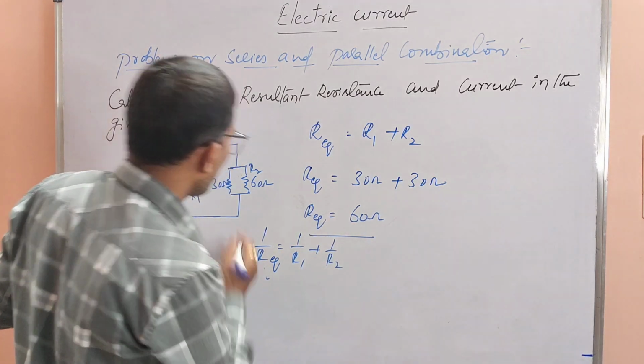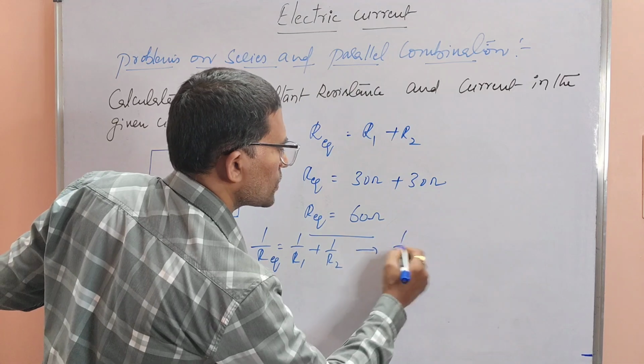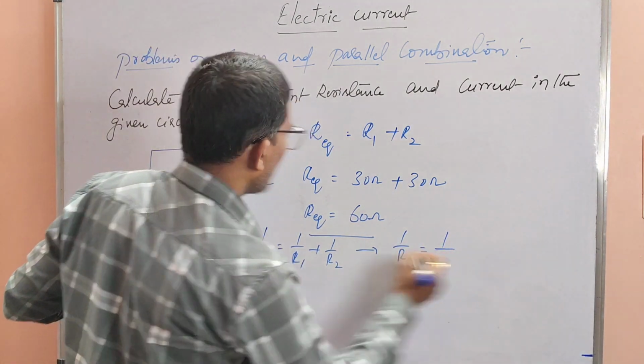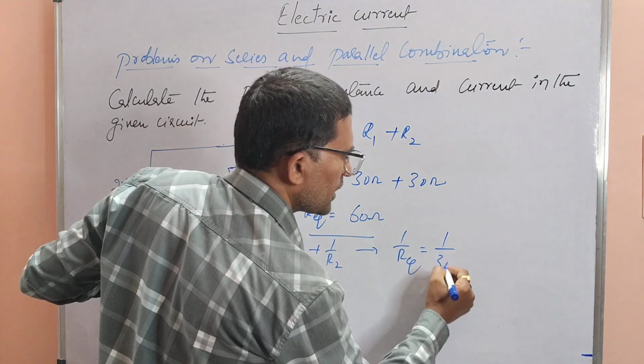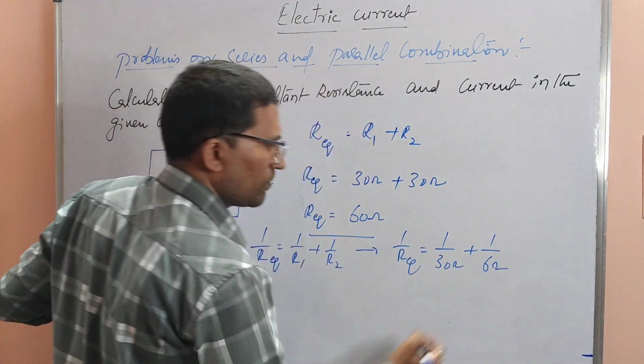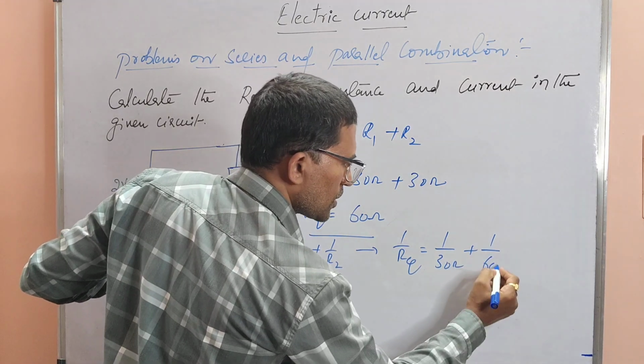Now I will substitute the values. 1 by R equivalent is equal to 1 by 30 ohm plus 1 by 60 ohm.